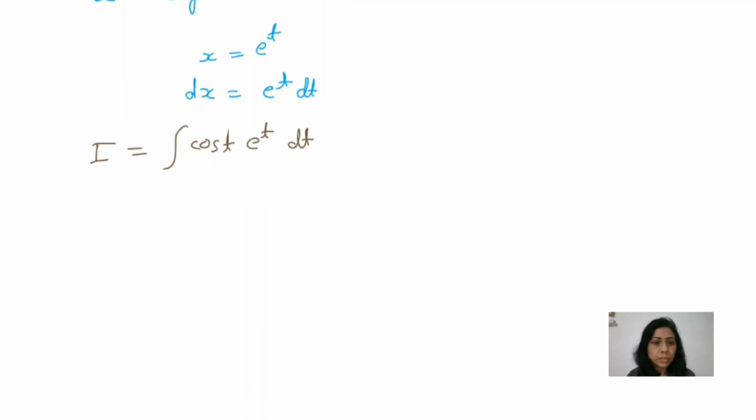Now we use the integration by parts formula. So integration uv dx is equal to u, the first function, you write as it is, v dx, minus integration d upon dx.